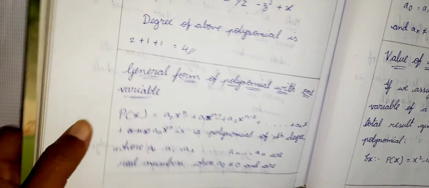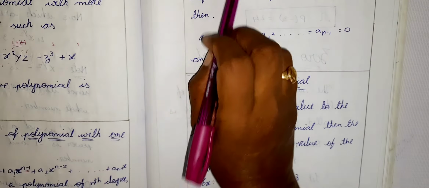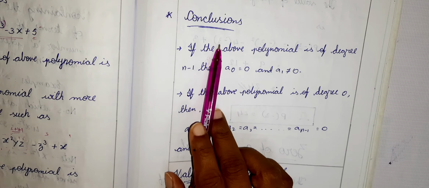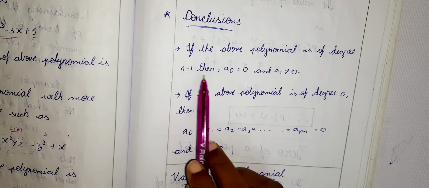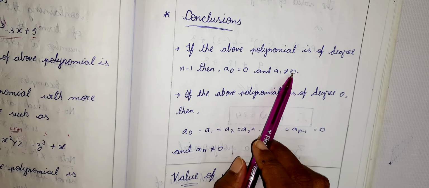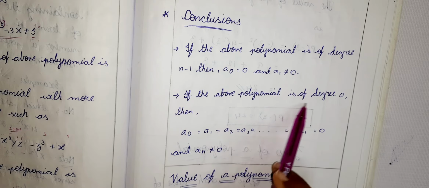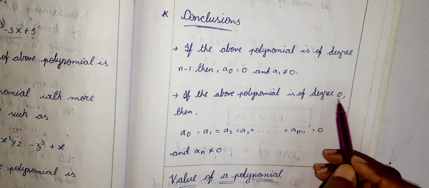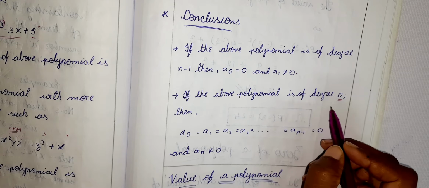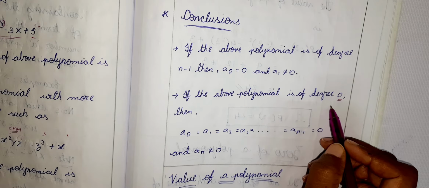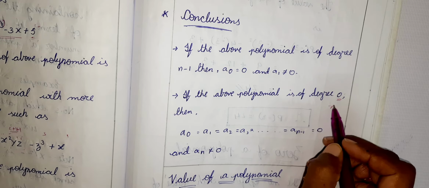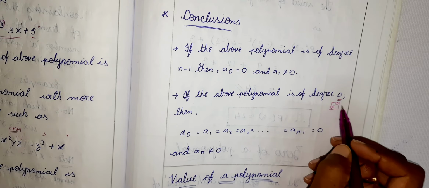And when we speak about the degree of the general form of the polynomial, we can also conclude that if it is of degree n minus 1, then a naught is 0 and a1 is not equal to 0. Just now we discussed the same. If the polynomial is of degree 0, only the constant term exists. Why? Because when there is a constant term, you have the variable there but whose power is 0. x power 0 is equal to 1.